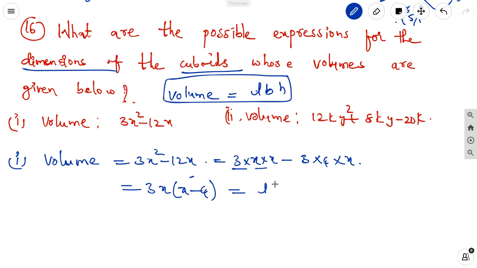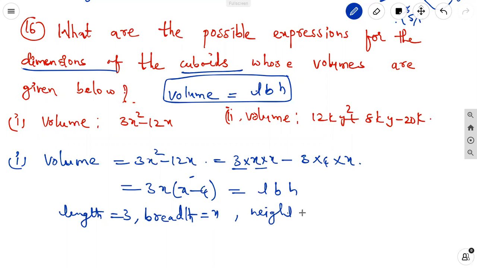Here we can write it as LBH, one is length, one is breadth, one is height. Length is 3, breadth is x, and height is x minus 4. Those are the dimensions.